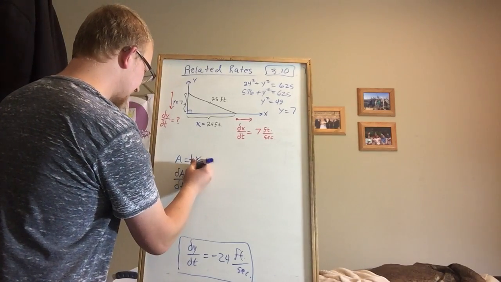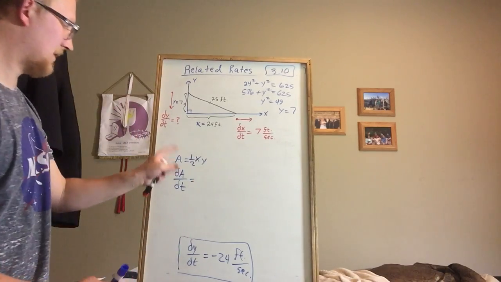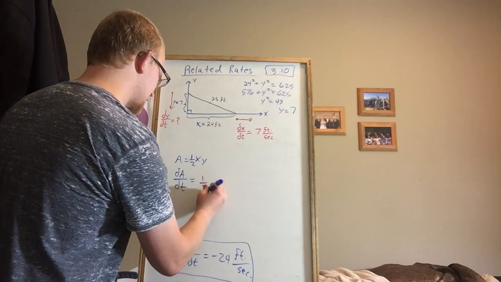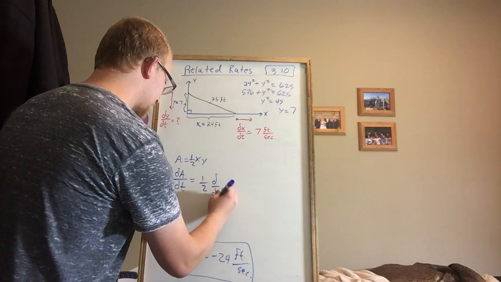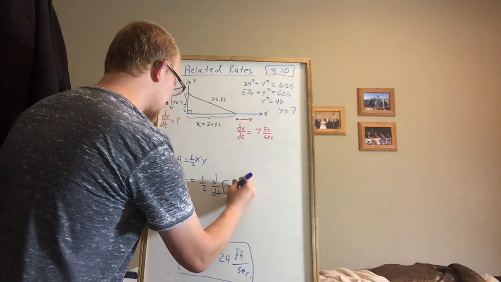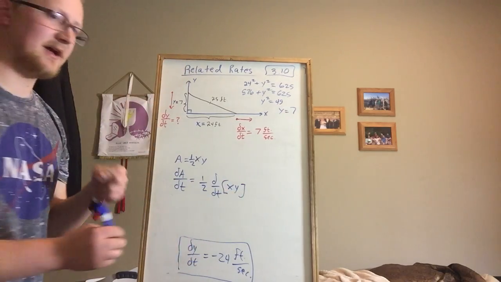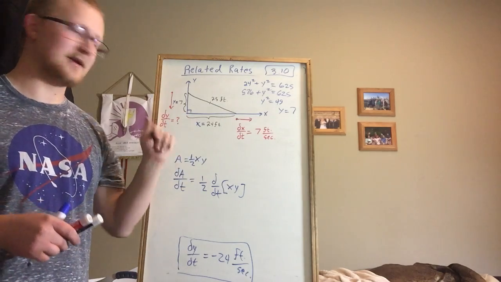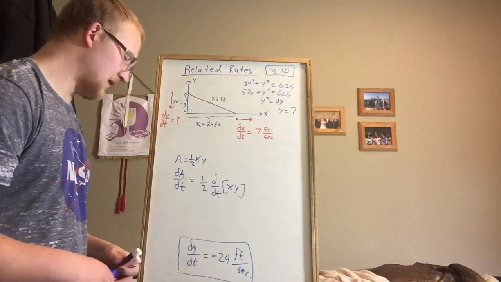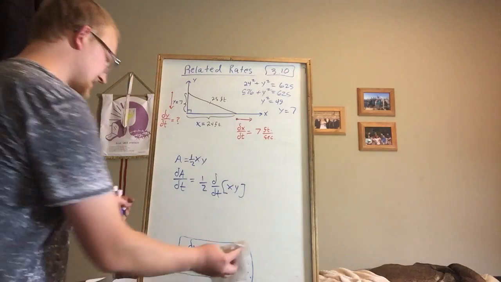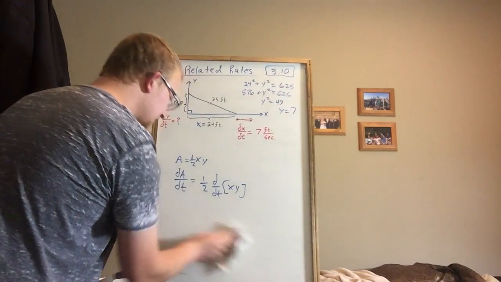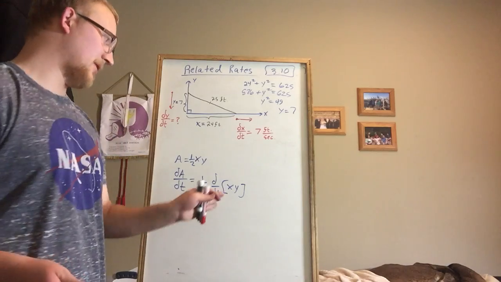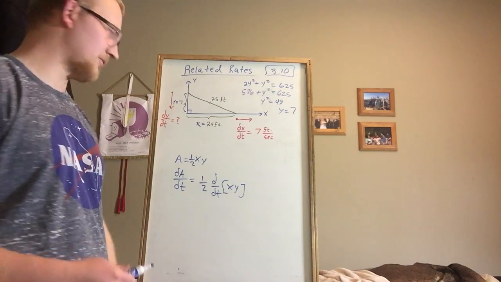It's the multiplicative identity. So next we're going to look here and say, okay, we're taking the derivative with respect to time of x times y. And remember, because derivatives are a linear function, we can pull the 1/2 out front and deal with it later. Alright, so what's next? Well, we have two variables multiplied together like a product. And whenever we see products, we should think the product rule.